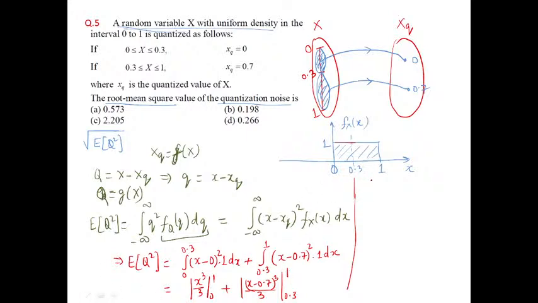Now what next? Simply simplify it. So eq square will be equal to 1 by 3 plus, now put 1 over here, so 1 minus 0.7 is 0.3 whole cube by 3 minus, put 0.3 over here, so it will be 0.3 minus 0.7, so it will be minus 0.4, so minus 0.4 whole cube, so minus and minus will become plus 0.4 cube by 3.